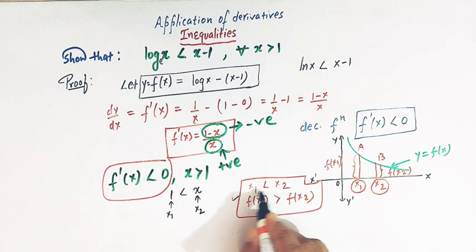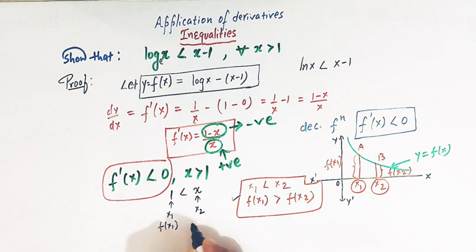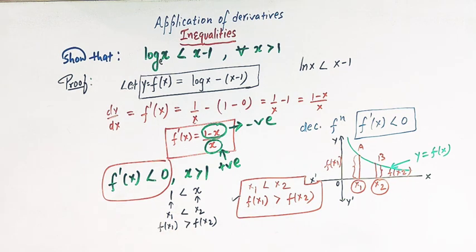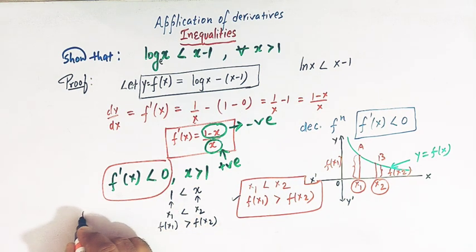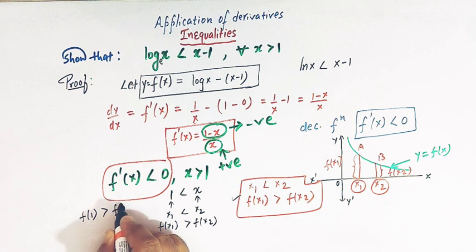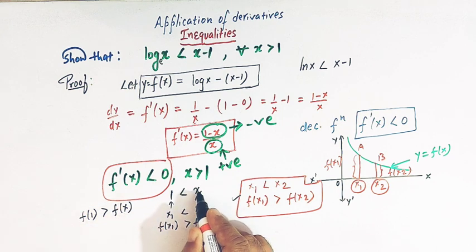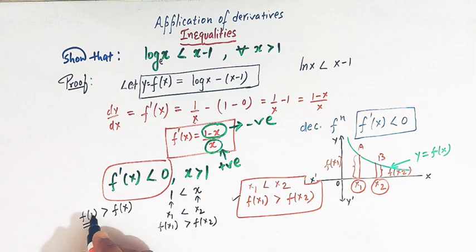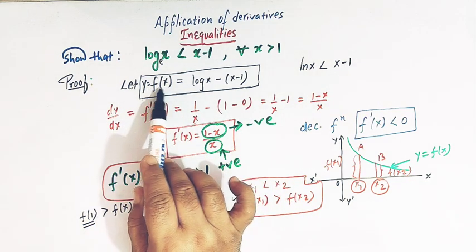And if we follow this definition, then we must have f of x1 greater than f of x2, because here x1 is less than x2, right? So now f of x1 is equal to f of 1, because x1 is 1, and this is greater than f of x2. f of x2 is f of x, because x2 is x.